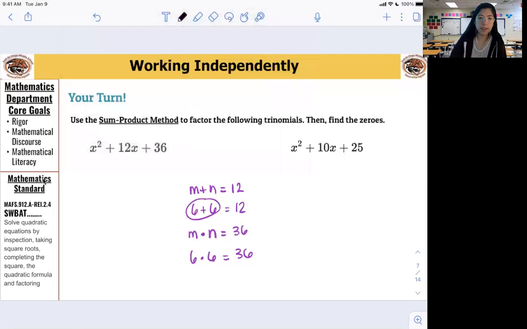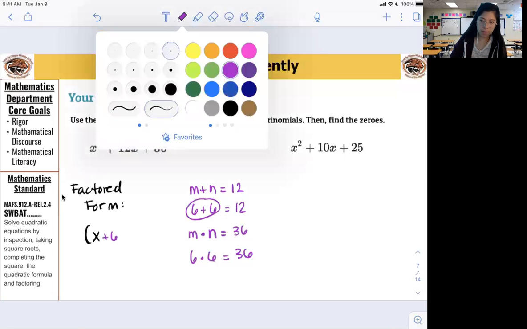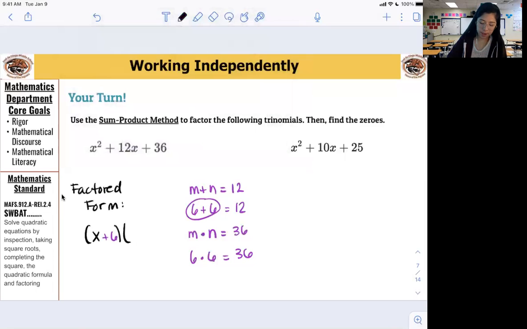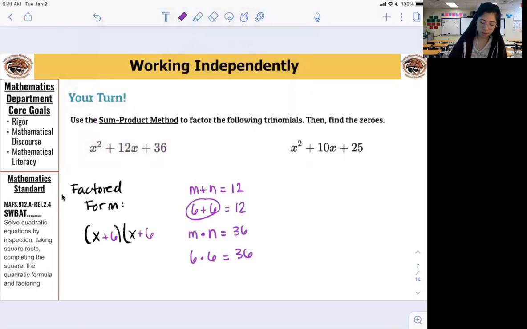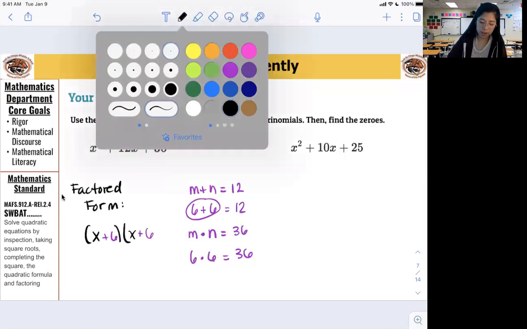So when I write this in factored form, I get x plus 6 times x plus 6. You just plop those magic numbers right in.